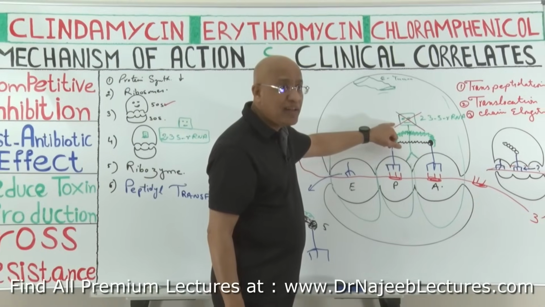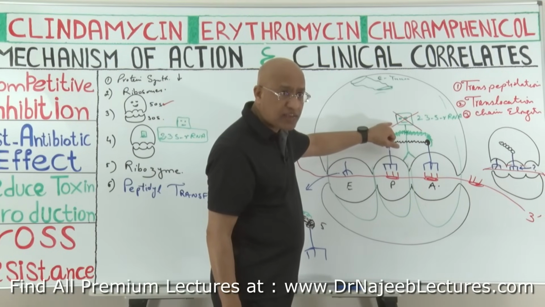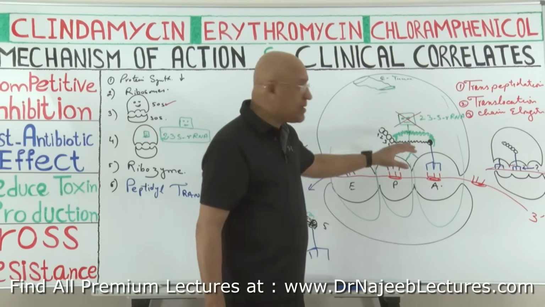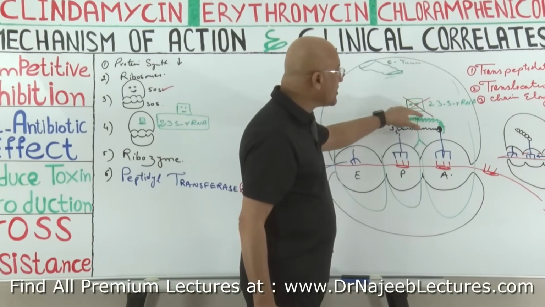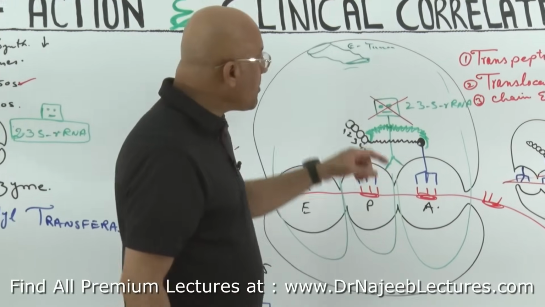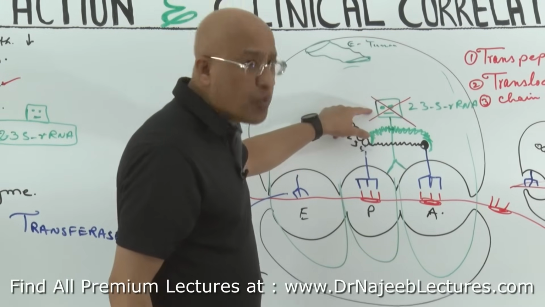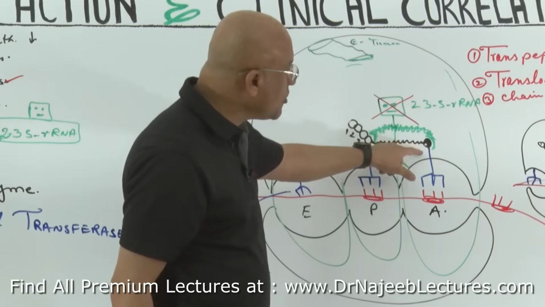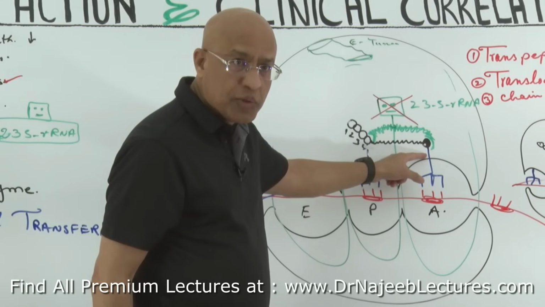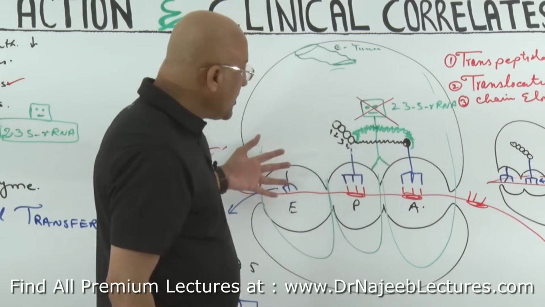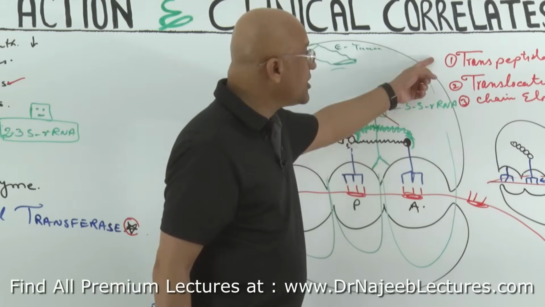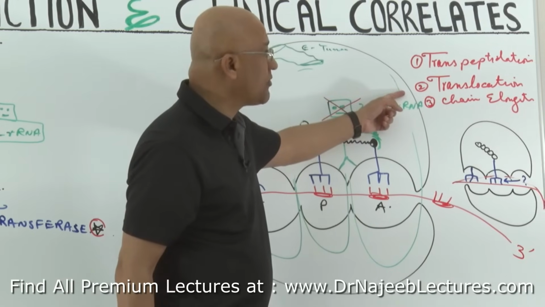At which point? At the ribozyme, which is the 23S rRNA. All these drugs bind over here and they disrupt the function of peptidyl transferase. When peptidyl transferase is not working, then the peptide bond is not formed, the peptide chain is not shifted to the new one, and then the ribosome does not translocate. If transpeptidation is not done, in the next step translocation fails.